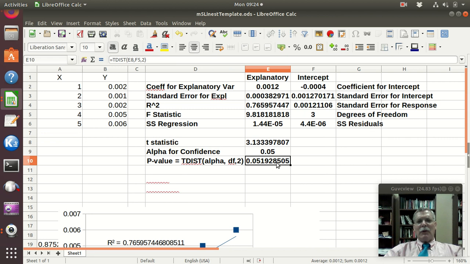Well, turns out statistically it could be due to chance, at least at the 0.05 level, right? So this is just slightly bigger than 0.05.